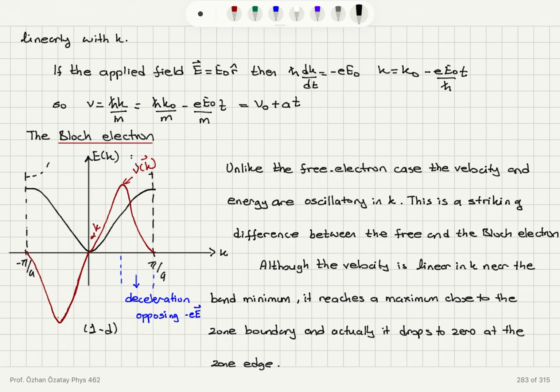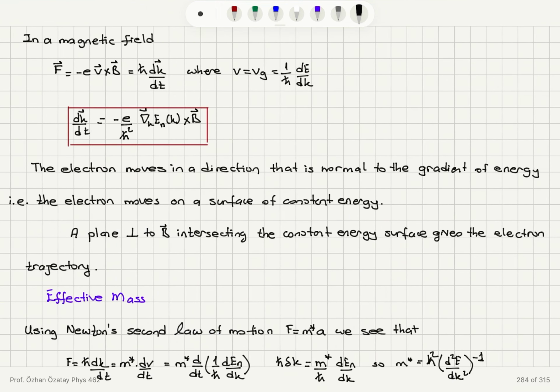The fact that this velocity changes as we approach the zone boundary is a striking difference. It basically decreases. So the velocity is linear in k near the band minimum, so it behaves like a free electron near the band minimum. However, it reaches a maximum close to the zone boundary and drops to zero at the zone edge. So we have this important difference.